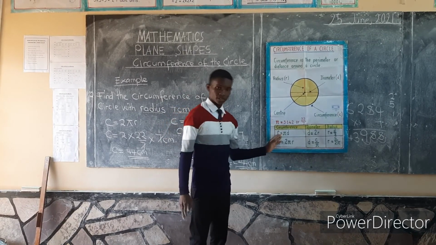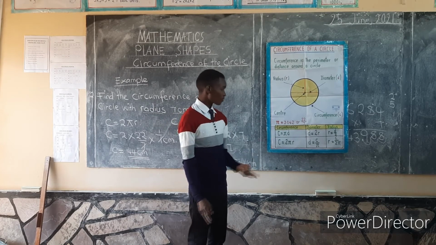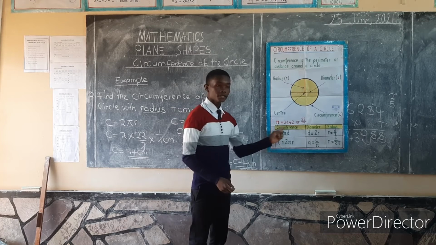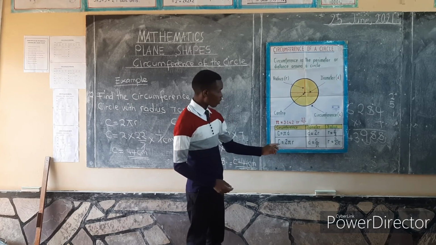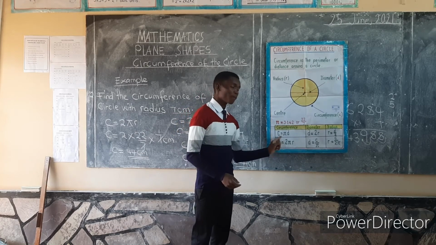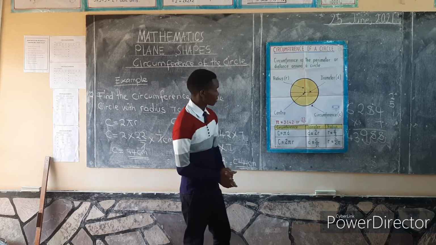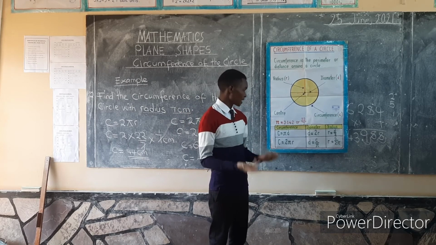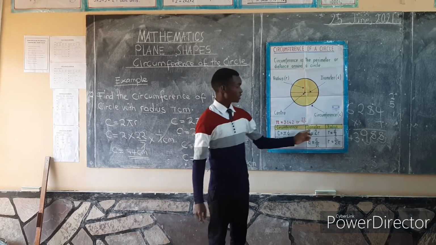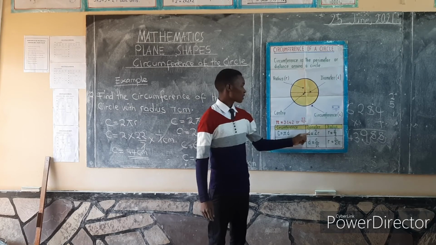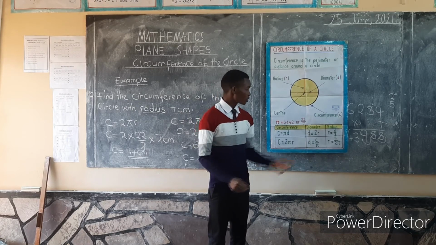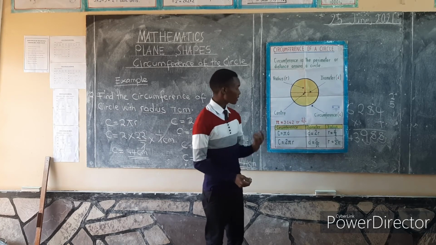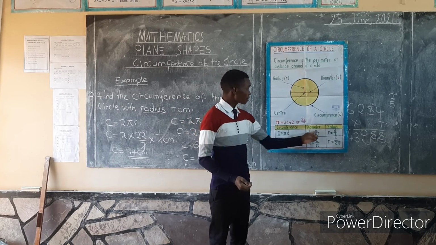So I've indicated. For circumference, I have given you two formulas, which is circumference is equal to pi d, or circumference is equal to 2 pi r. For diameter, in case you've been asked to find the diameter, you can use this formula where you say diameter is equal to 2r, meaning the radius. You multiply the radius by 2.